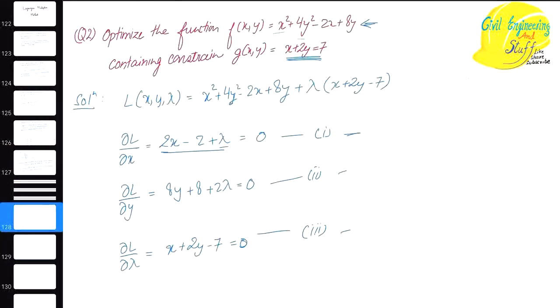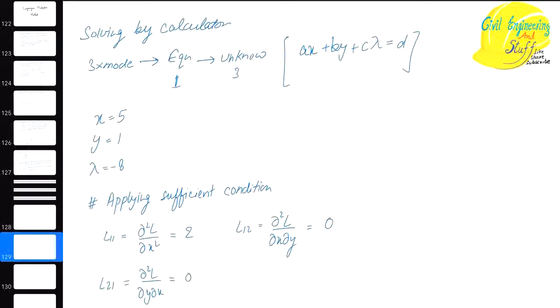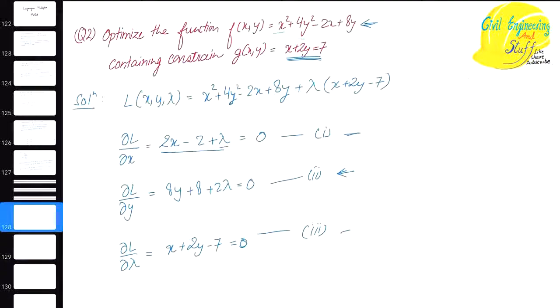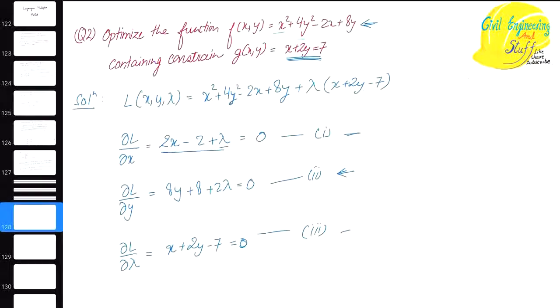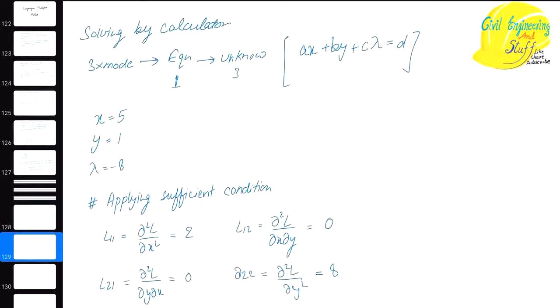Differentiating equation number 2 with respect to x, since we do not have any variable x, this will be 0. Then differentiating with respect to y again, this will be d square L by dy square. On solving it, we will get the answer to be 8.